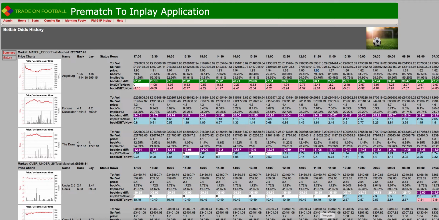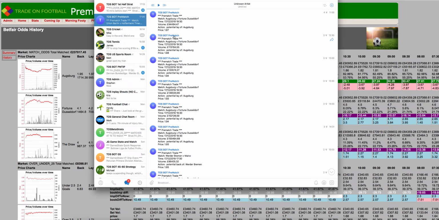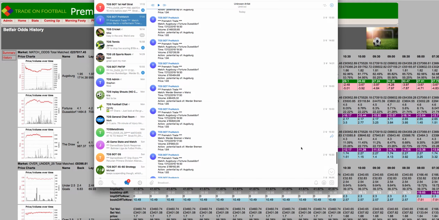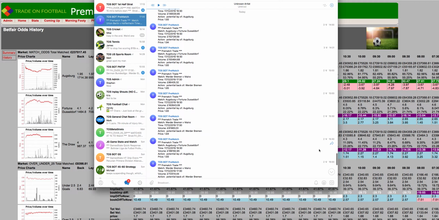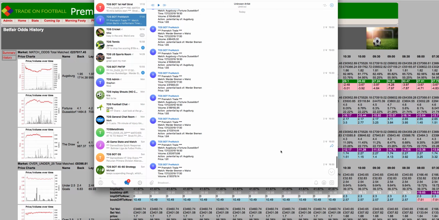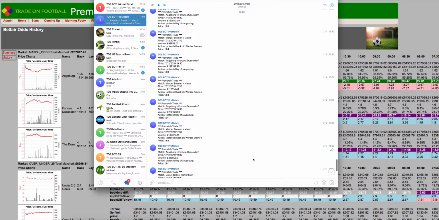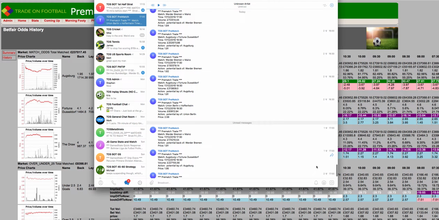Obviously here it's going, Augsburg potential lay, Augsburg potential lay. So it's highlighting Augsburg as a potential lay all the time, every half an hour. 3 o'clock, 3:30, 4 o'clock, 4:30, and again at 5 o'clock, still a potential lay of Augsburg.